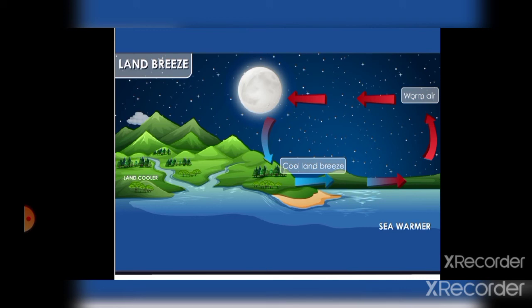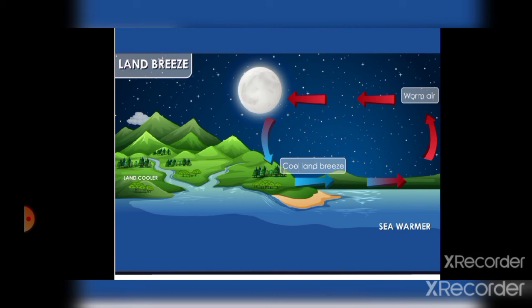So, during the night, the hot air over the warm sea rises upwards and cooler air from the land blows in towards the sea in the form of a breeze. So, the breeze blowing from the land towards the sea is called land breeze. Land breeze blows only during the night when the sea water is hotter than the land.